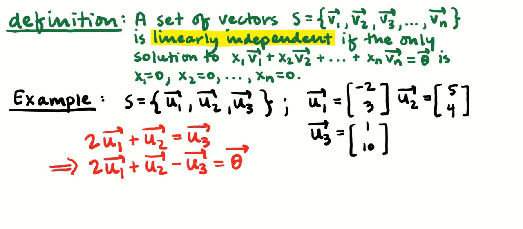But I have a non-trivial solution to the equation that I'm about to highlight in gray right here. So I have a solution to the equation highlighted in gray that is not just 0 of each of the vectors, meaning that I'm going to conclude that the set S is linearly dependent.